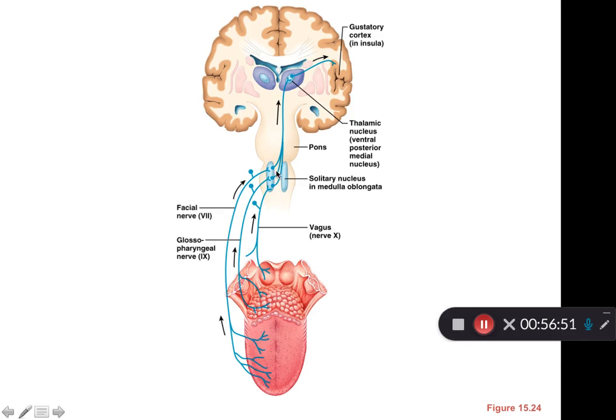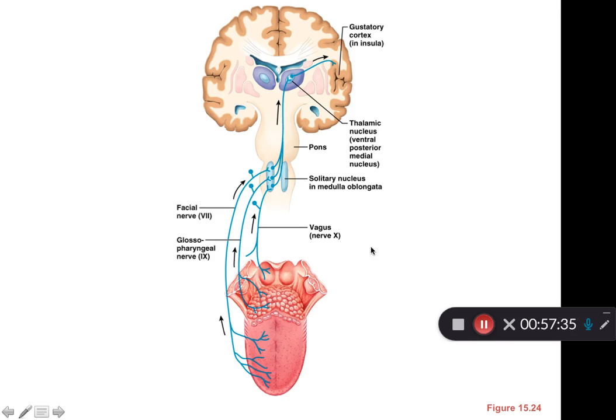We can see in the medulla oblongata that the solitary nucleus can also send nerves to innervate the salivary glands and the stomach, to induce salivary gland secretion and digestive juice secretion. That's because if we eat food and have the taste sensation, we actually have salivary secretion and digestive juice secretion.